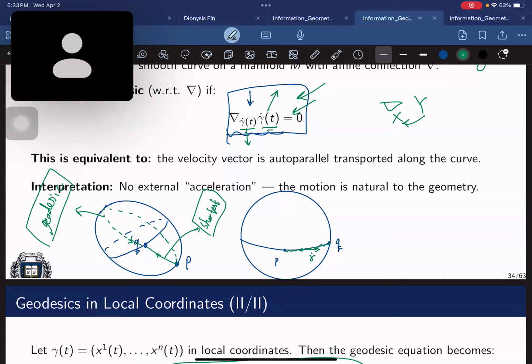And again, I want to emphasize the following thing, that Riemannian geometry has nothing to do with the connection. So given the connection, I can come up with a connection such that this thing is the geodesic.